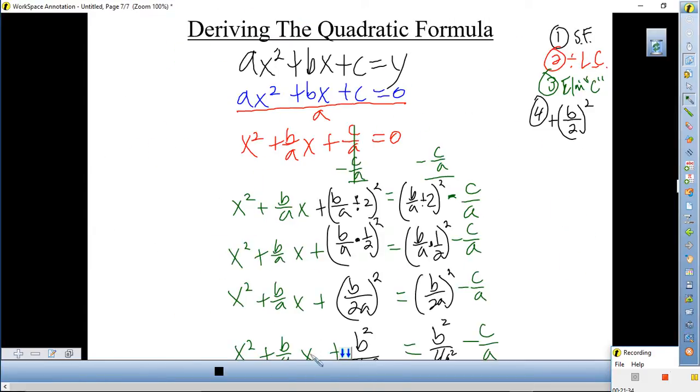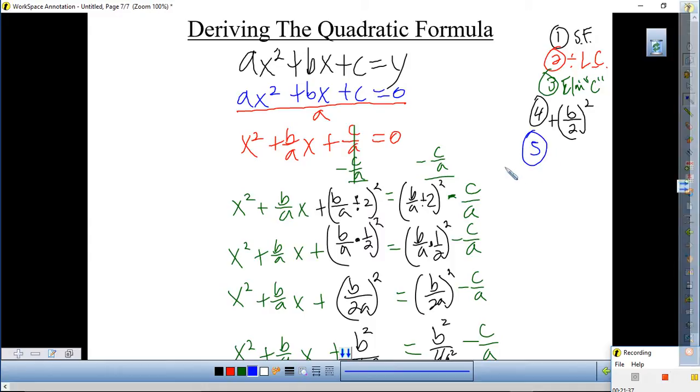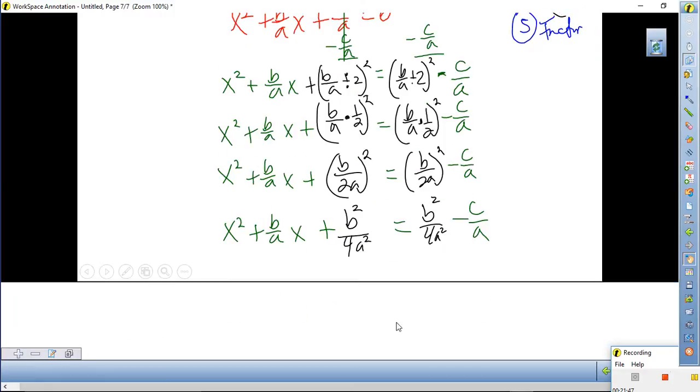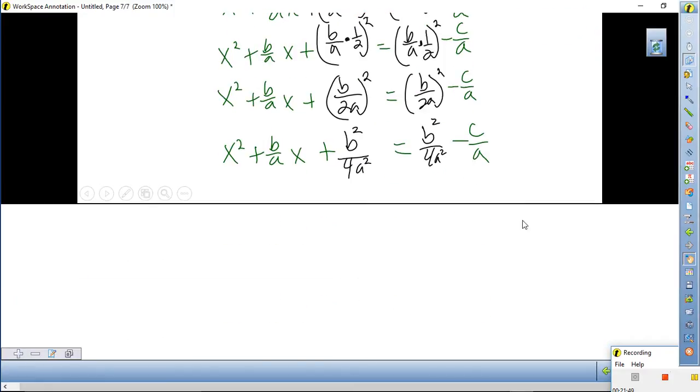Step 5. Genesis. Factor. So let's see. Oh, my goodness, flies. How do I factor? Jen?